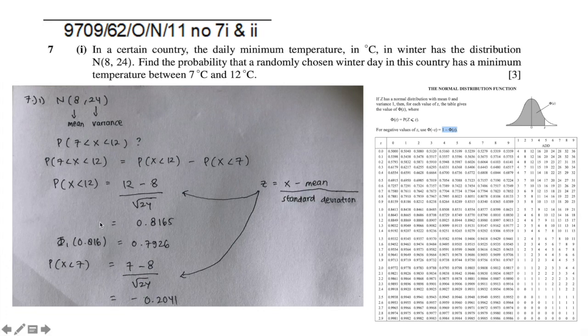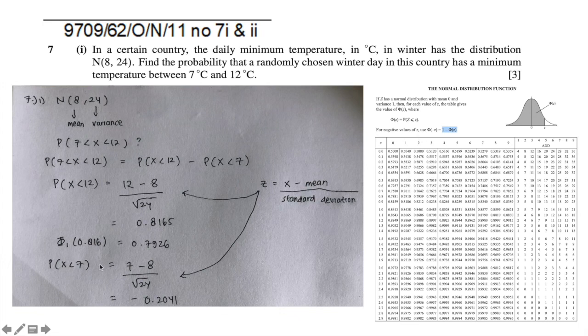Once we have the z value, we need to refer to the normal distribution graph. This graph shows us the probability by using the z value. So we get the probability for the z value of 0.8165 is 0.7926 from the data.